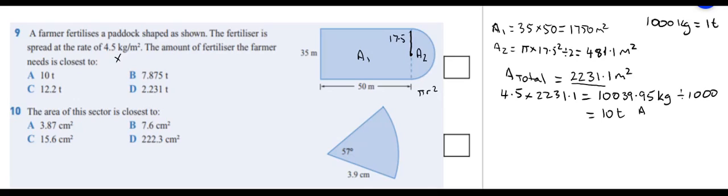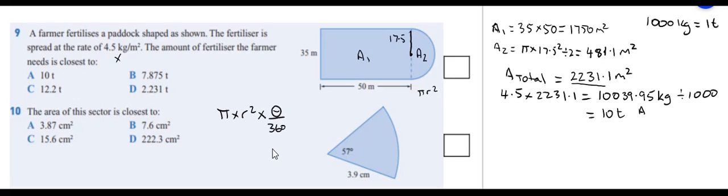Now, question 10 says find the area of this sector. Well, that's just basically a straightforward formula. So if we have the area of a circle, which is pi times the radius squared, if it's a fraction of a circle, then we times it also by the angle, which I'll call theta, on top of 360, because 360 degrees is the whole circle.